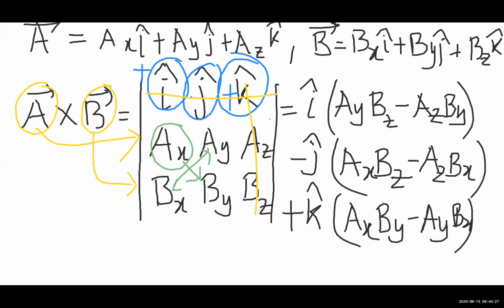So you don't really have to remember the value of the cross product. You just have to remember the procedure that I have just told you. And the best way to remember this procedure is to have a couple of tries.